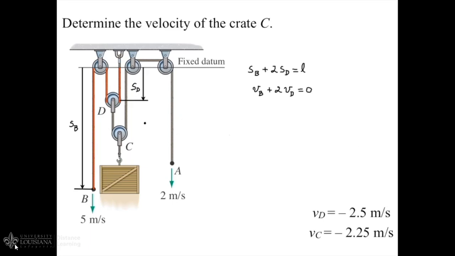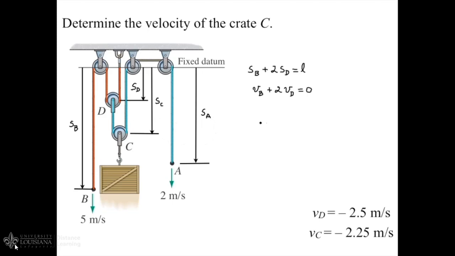Next, we'll consider a position coordinate equation for this chord. In order to do that, we'll put a position coordinate going here, call this S sub C, and of course another position coordinate down to A, S sub A. Now we can write a position coordinate equation that relates the vertical length of the cable.